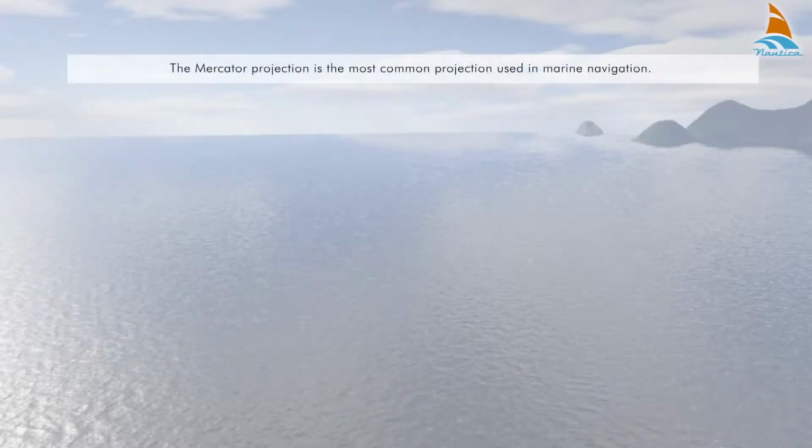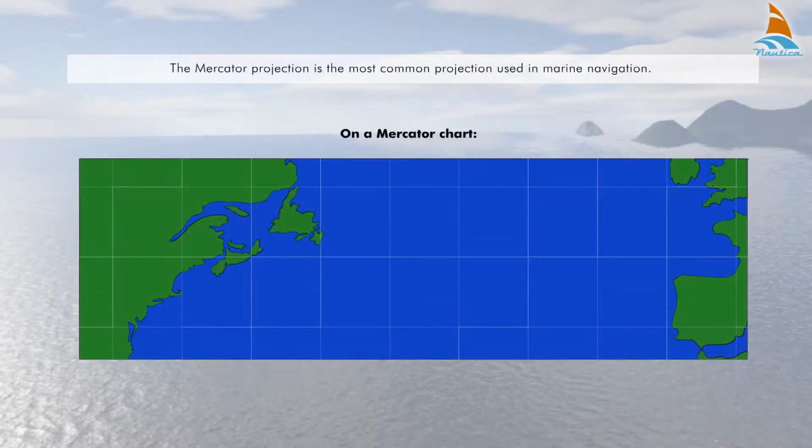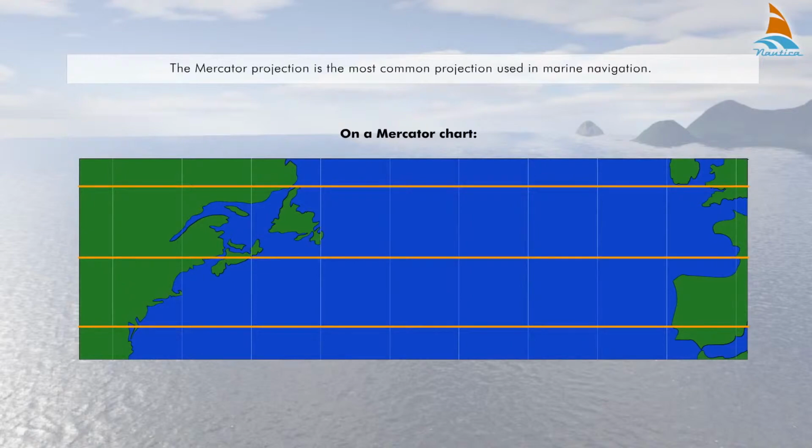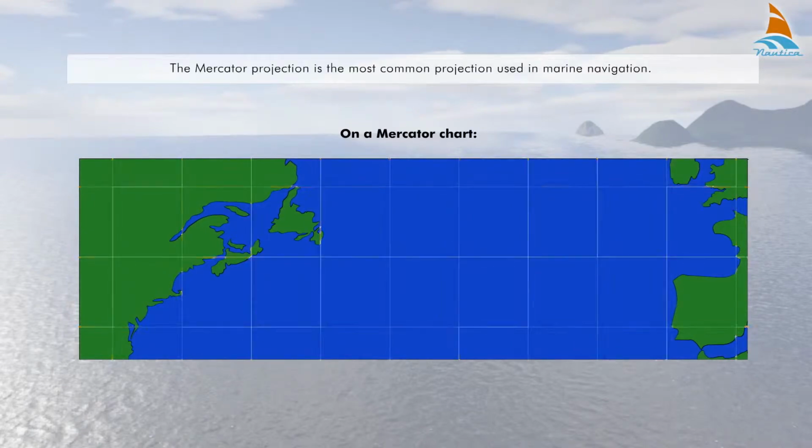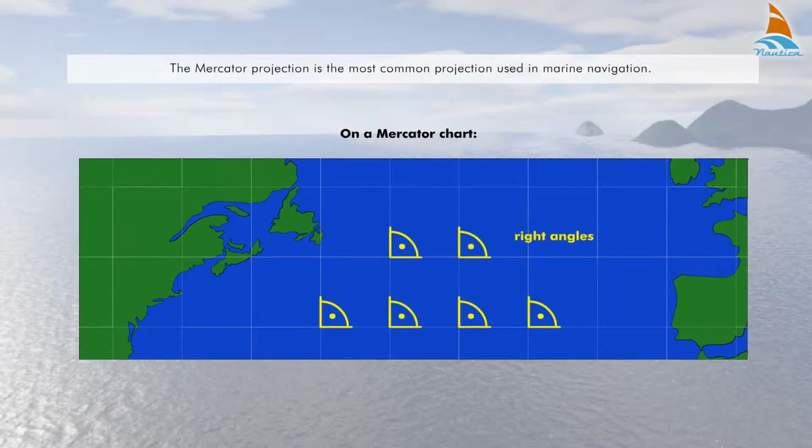The Mercator projection is the most common projection used in marine navigation. On a Mercator chart, the lines of latitude and lines of longitude remain parallel, and they cross each other at right angles.